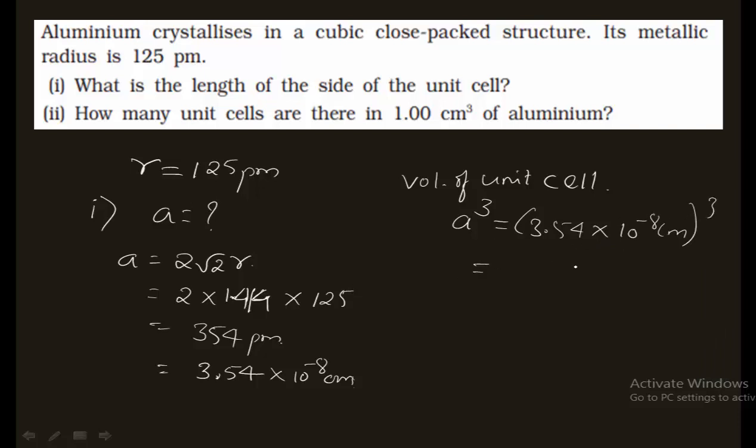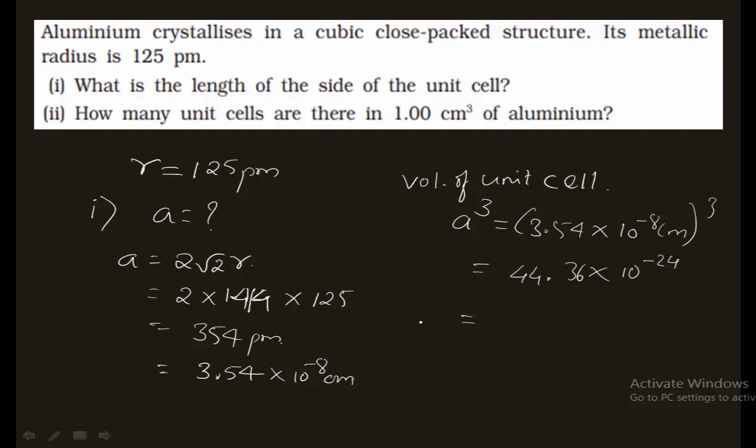As we know, 10 raised to minus 8 into 3 is 10 raised to minus 24. And 3.54 cube will give 44.36. So now this is the A cube.